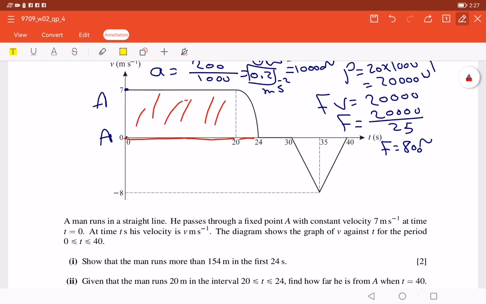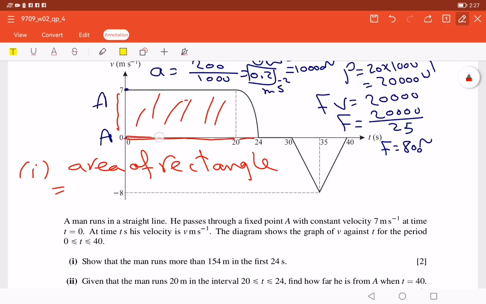So to find the covered distance in the first interval from 0 to 20, we find the area of the rectangle, which equals width multiplied by length. So 7 multiplied by 20 equals 140.